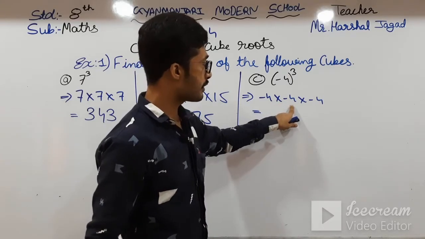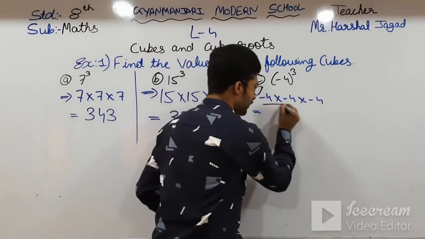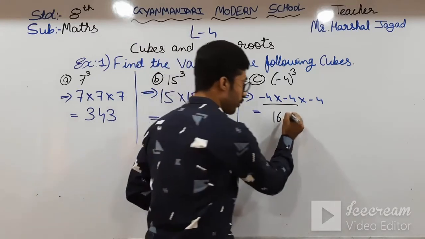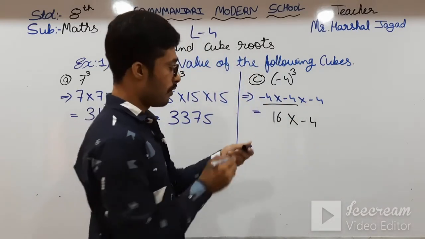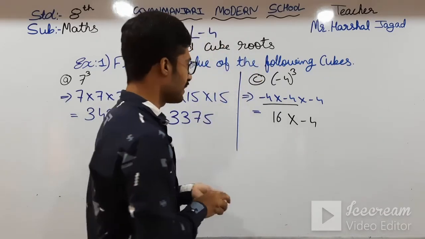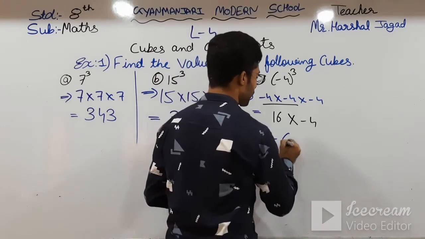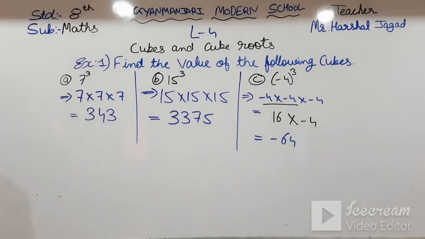Then 16 into minus 4. Now plus into minus is minus, so the answer will be minus 64.